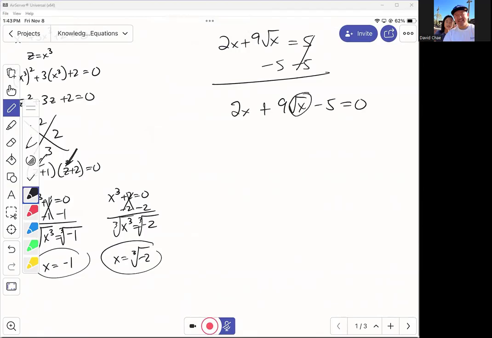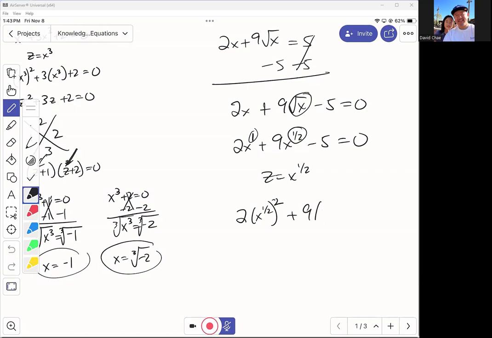Notice that this is to the 1/2 power, so it's 2x plus 9x to the 1/2 power minus 5 is equal to 0. Z is equal to x to the 1/2 power. Remember, this is half of whatever this power is. This is the first power. So this ends up being 2 times x to the 1/2 power squared plus 9 times x to the 1/2 power minus 5 is equal to 0.